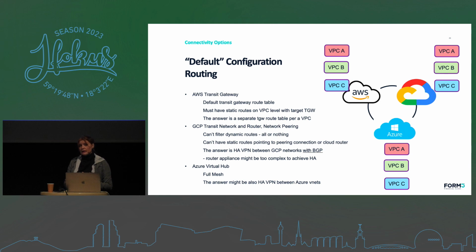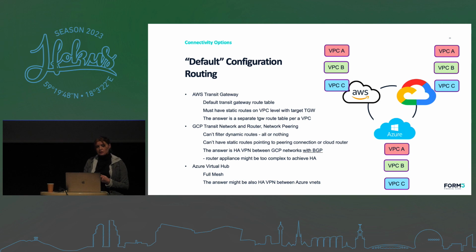So the only answer we found was to use HAVPN between GCP networks. Even though it's VPN, it doesn't go over public internet. When you have VPN configured across 2 virtual networks, both in GCP, it goes via private links in GCP.